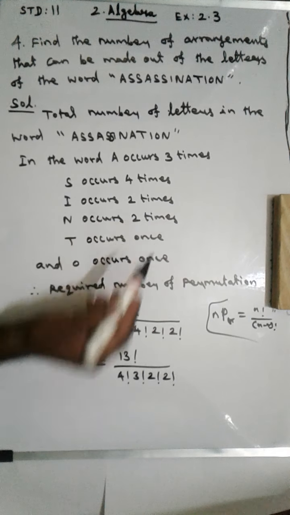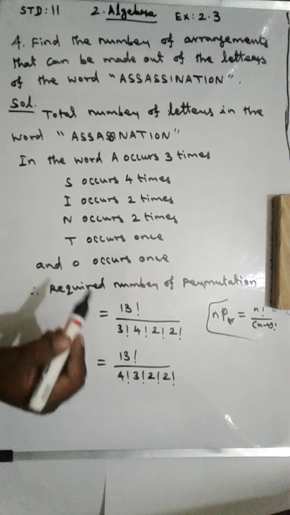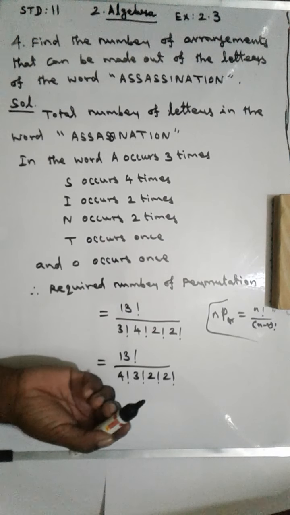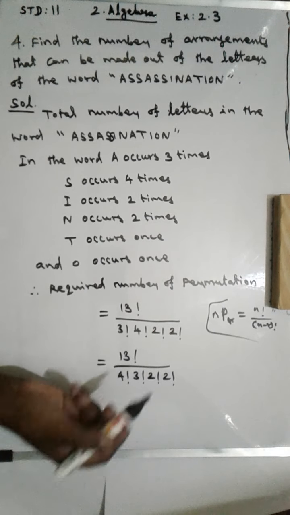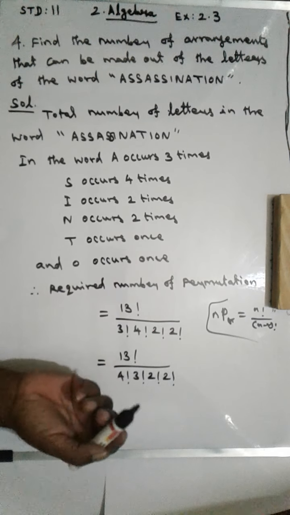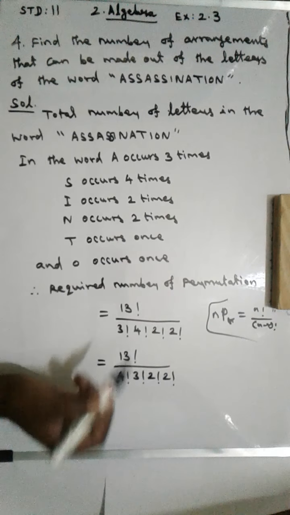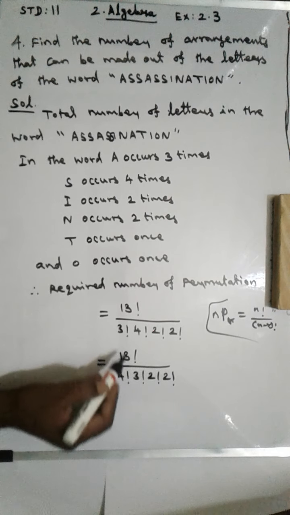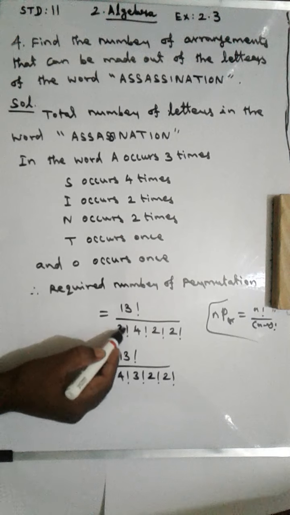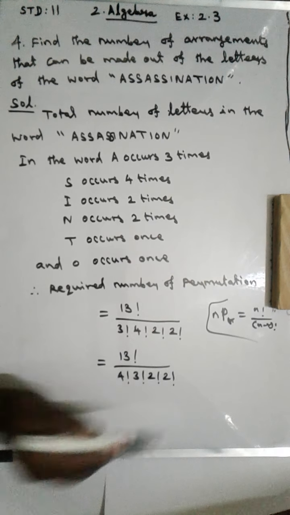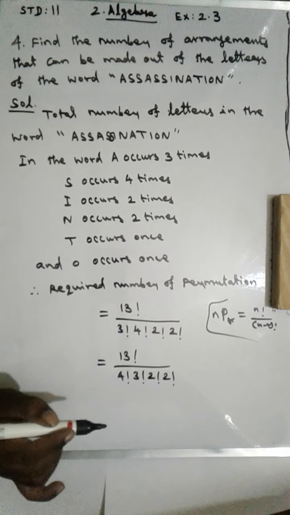N occurs 2 times, 2 factorial. T occurs once, so 1 factorial, its value is 1, no need here. O occurs once, also 1 factorial, no need here. So 13 factorial divided by 4 factorial, 3 factorial, 2 factorial, 2 factorial. That's all.